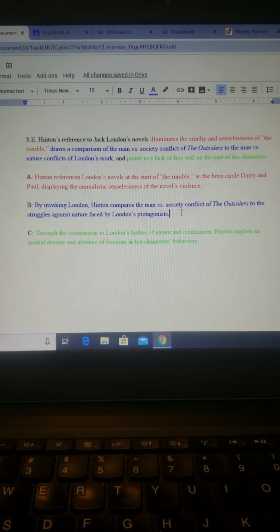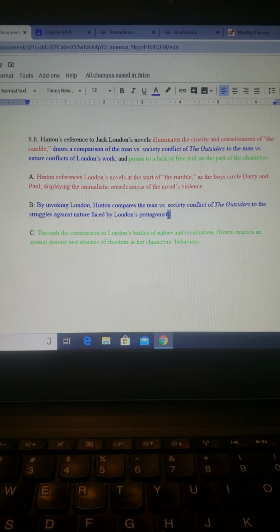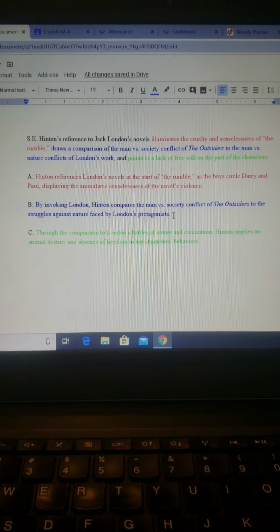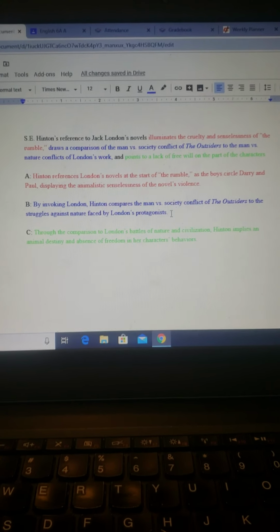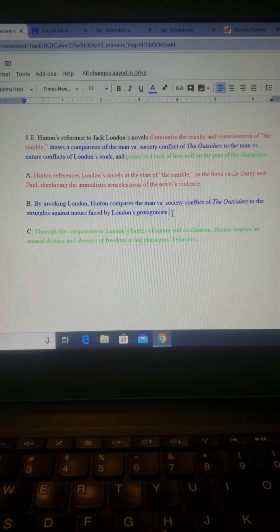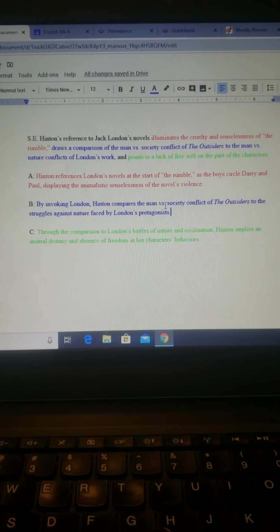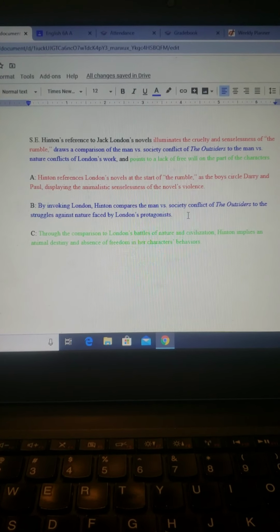In The Outsiders, it's like Ponyboy's struggling against that natural tendency to be a greaser and do all these bad things and hang out and become like Dally and some of the others. And he's struggling to become better, and Darry and Soda are struggling to make him be better. So by invoking that, we can directly compare those two conflicts and find that they're not all that dissimilar.